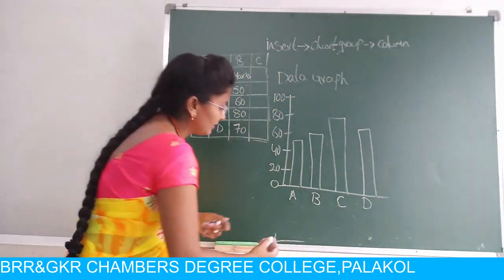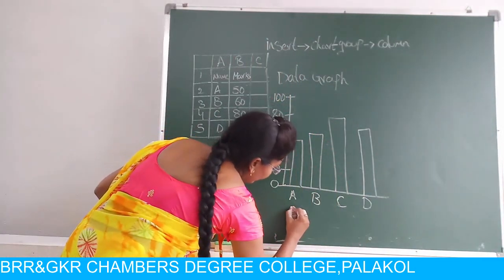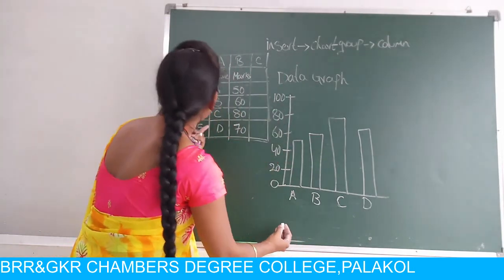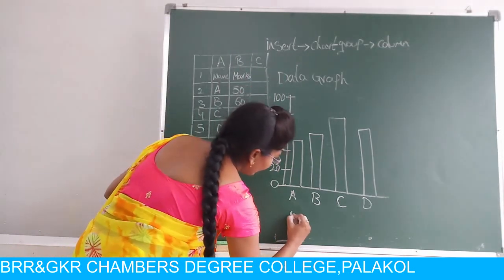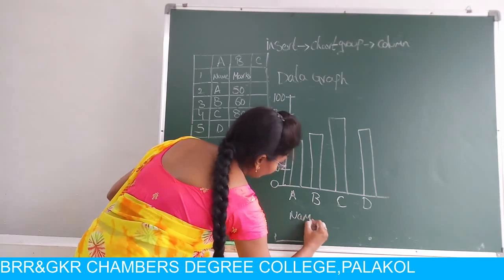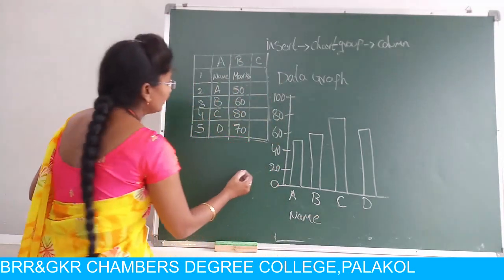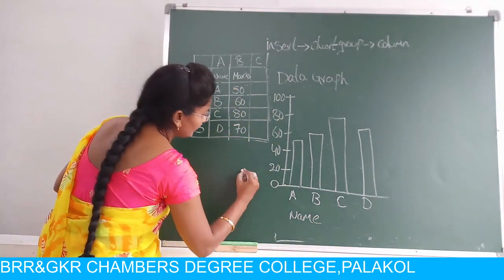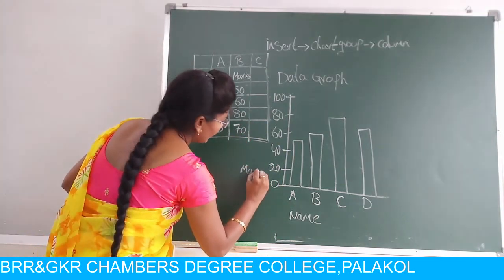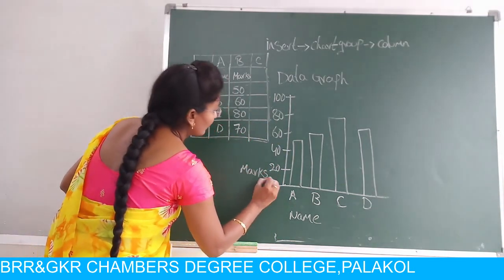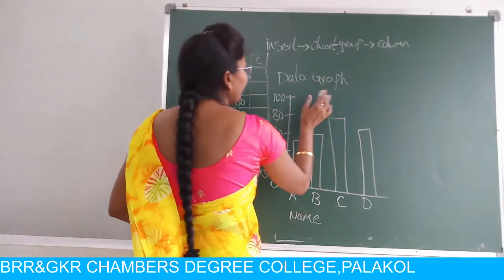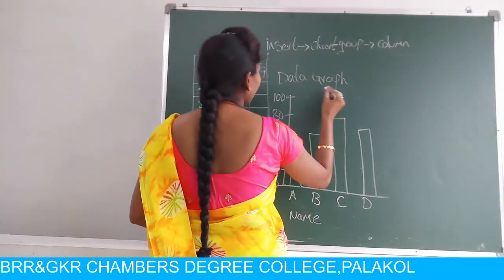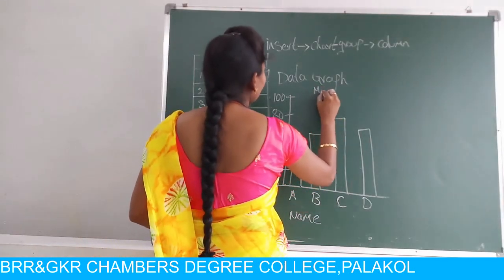And here will be the horizontal title, represented as name, and the vertical title is represented as marks, and the chart title is mid one.